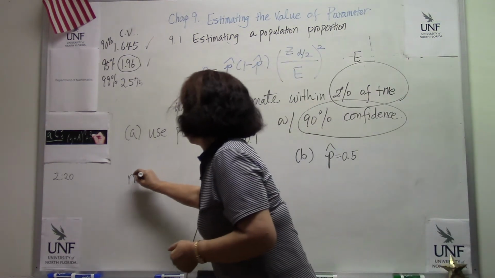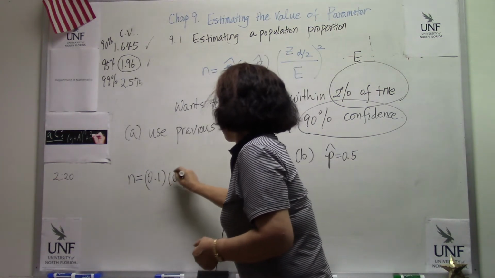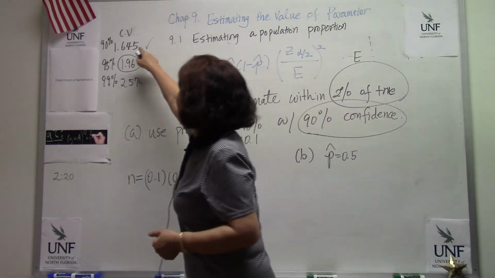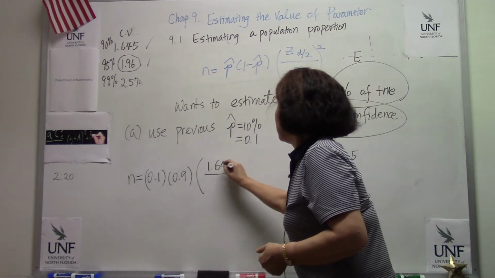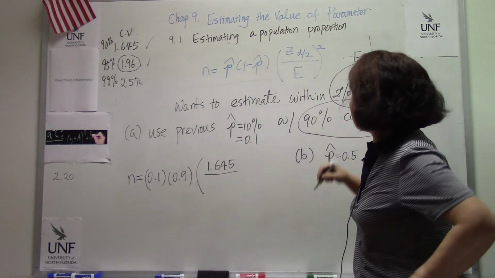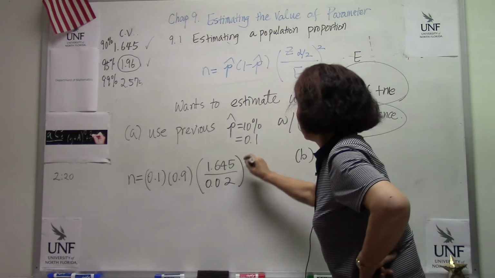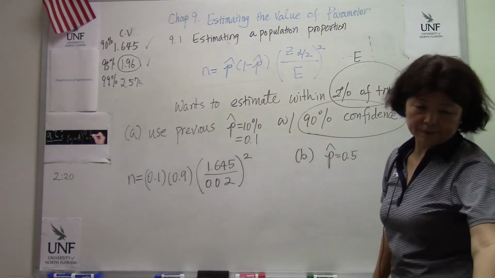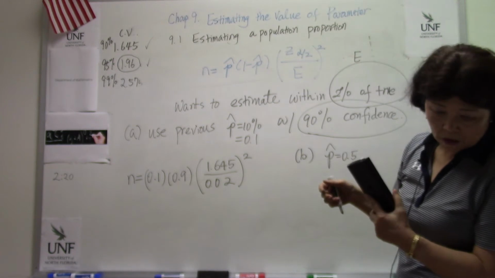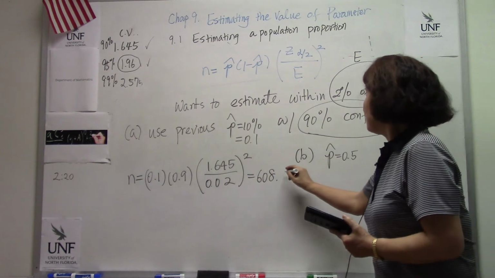So n equals, this is 0.1, and this is 0.9, and this is 90%, so go over here, the critical value we used before, yes, 1.645, and E, the margin of error, is 2% over here, and then we are going to square that. Okay, get that? Use a calculator and calculate it all. You get 608.855.